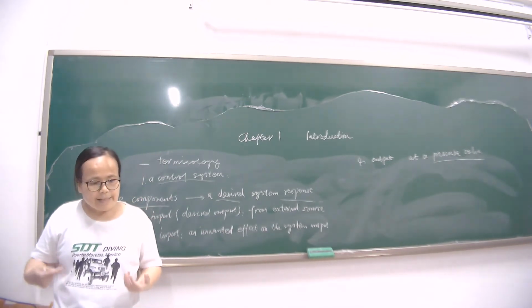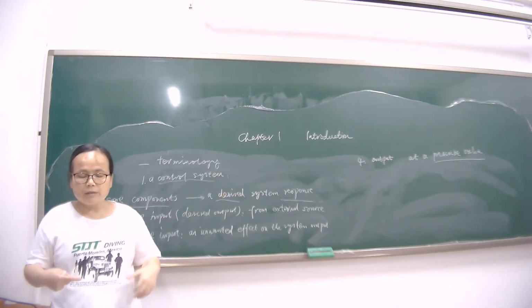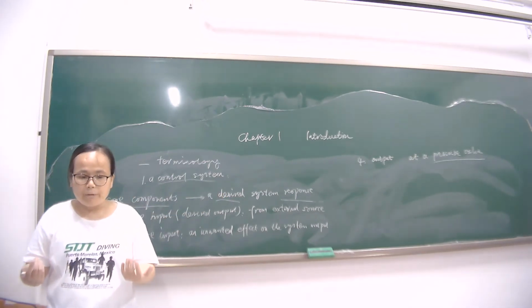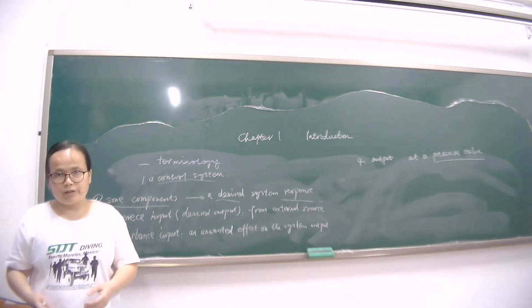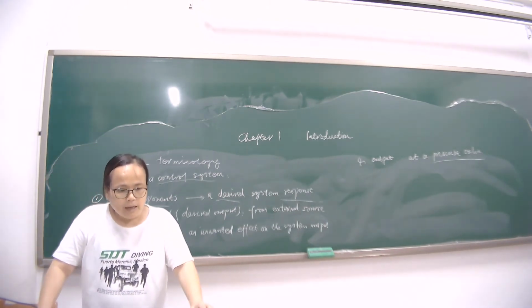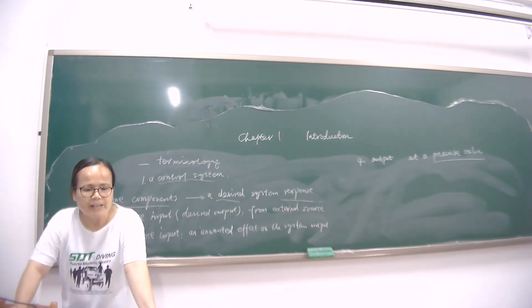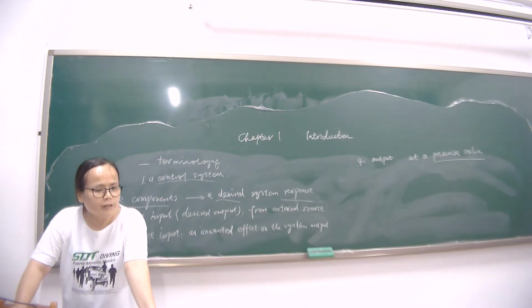This is our prescribed value. This value may be a physical temperature. This is the output. It must follow the command input without responding to the disturbance input.